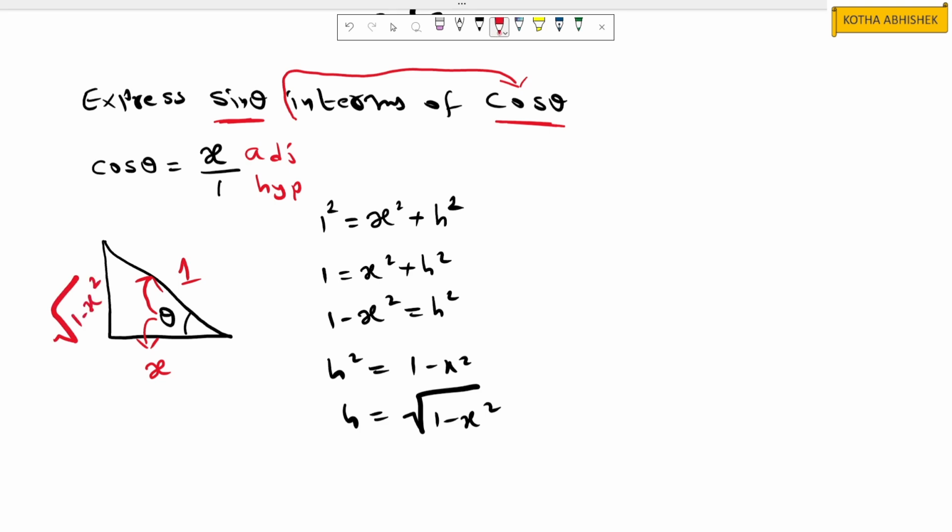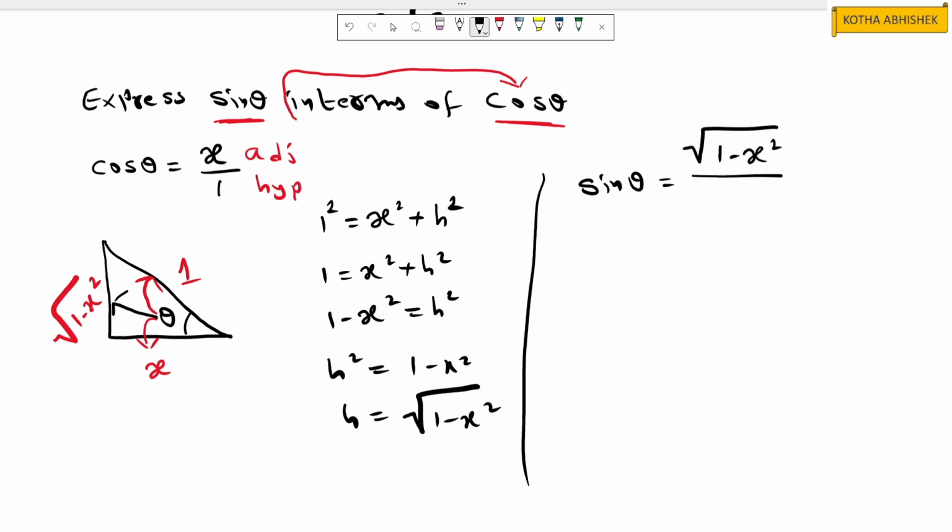Now we need to write the sin theta, right? So from the figure, first let us try to write what is sin theta. From the figure, sin theta equals opposite by hypotenuse, right? For this theta, opposite is under root 1 minus x square. So it is under root 1 minus x square whole divided by hypotenuse, which is 1. So sin theta equals under root 1 minus x square by 1, which can also be written as under root 1 minus x square.